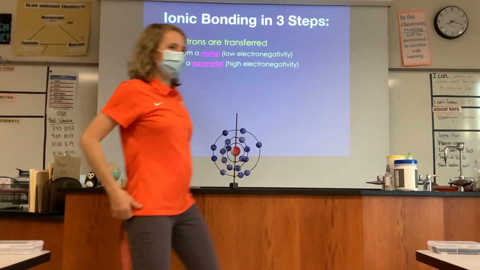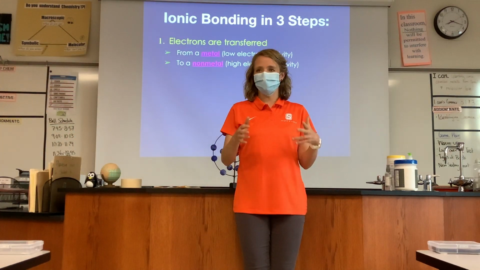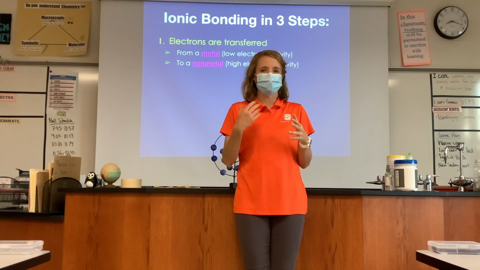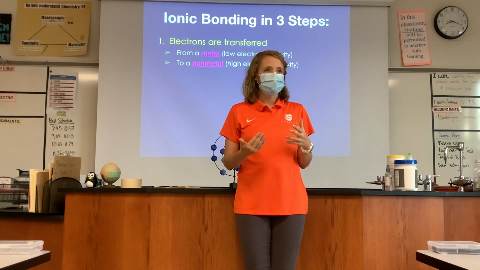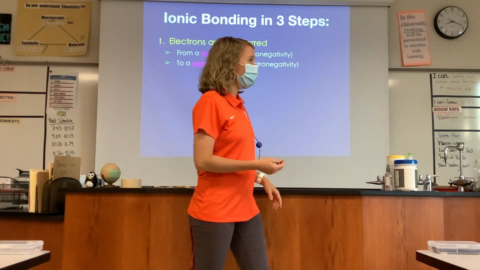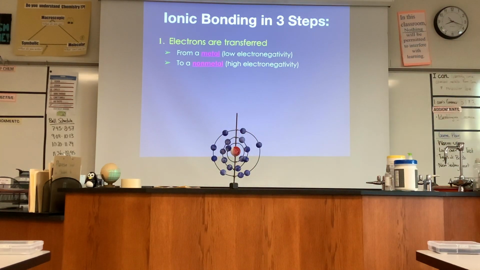Can someone, by raise of hand, remind us where the metals and where the non-metals are? The metals are to the left of that little staircase, and the non-metals are to the right. Perfect. So these are all metals except for hydrogen, and these are all nonmetals. The ones in the middle are called metalloids, and we'll deal with those later.